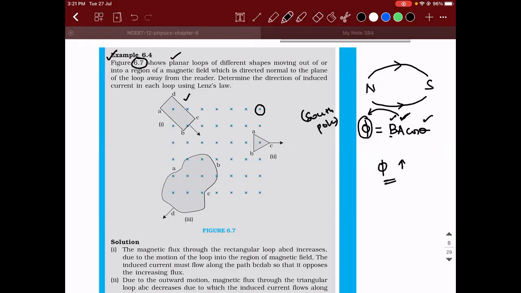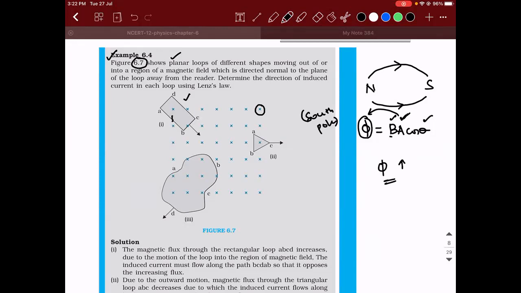So when the flux is increasing, what kind of a polarity will get generated? Check your notes. When flux is increasing, it is the same polarity as you that is going to get generated, because ABCD is a coil which is facing your north pole. So it is going to generate north pole. When it is north pole, current should be in which direction?